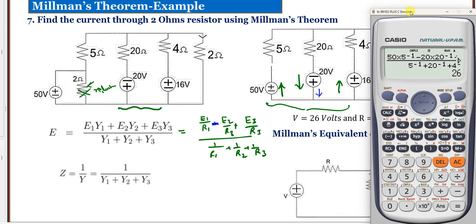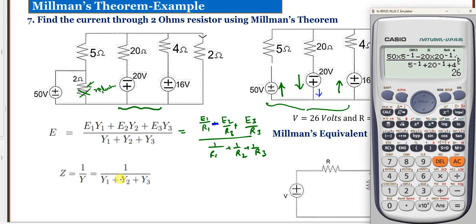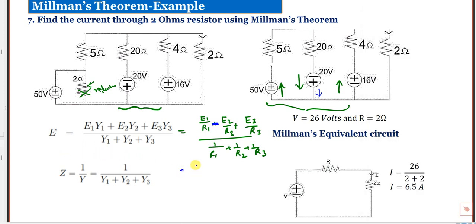Written out, it is 50 by 5, minus 20 by 20, plus 16 by 4, divided by 1 by 5 plus 1 by 20 plus 1 by 4, which is equal to 26 volts.